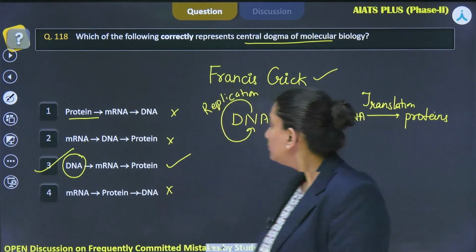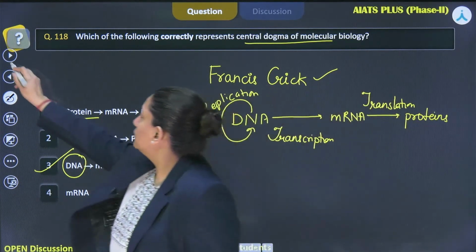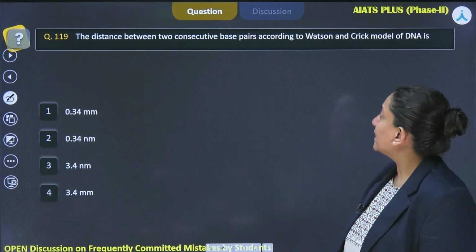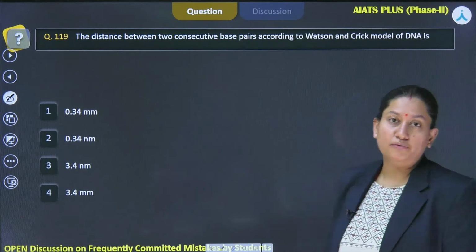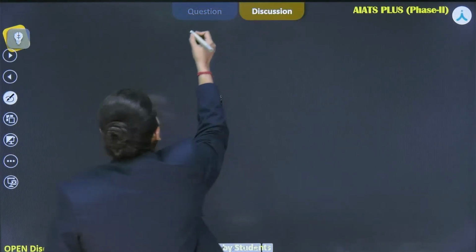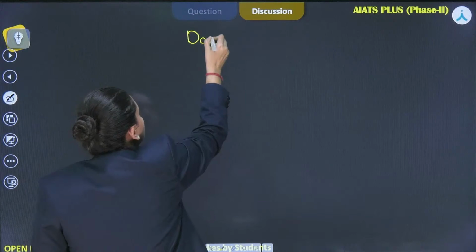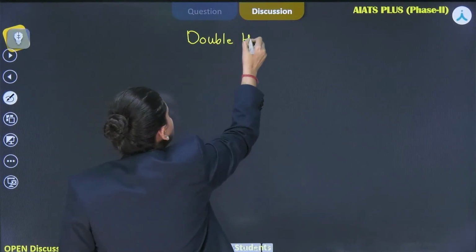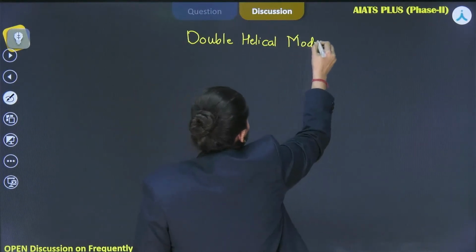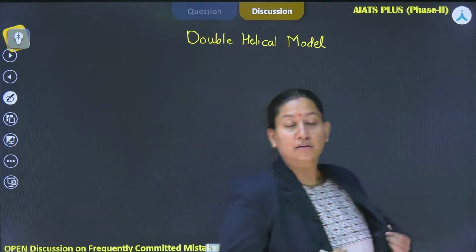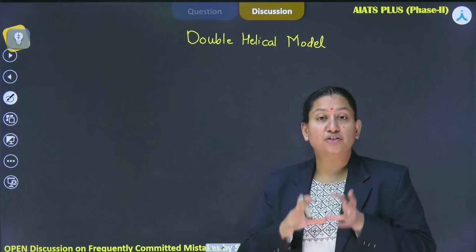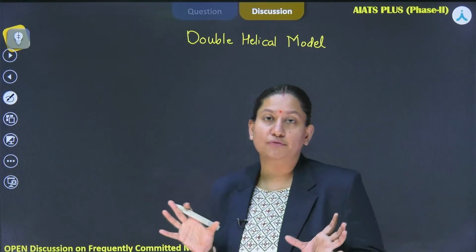So yes. All right, moving ahead, we have another question which asks about the distance between two consecutive base pairs according to the Watson and Crick model of DNA, right? The model proposed by Watson and Crick is the double helical model. This model was so accurate, given the techniques present at that time, that it ascribed all the characteristics of DNA to us.